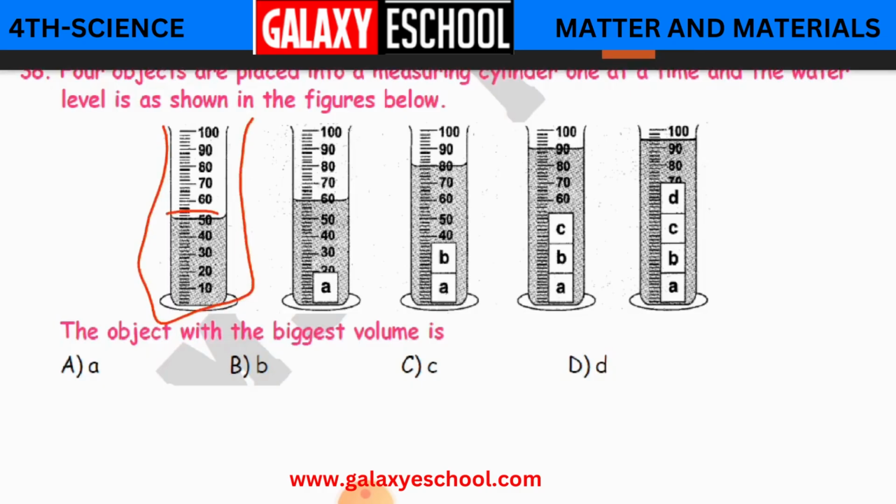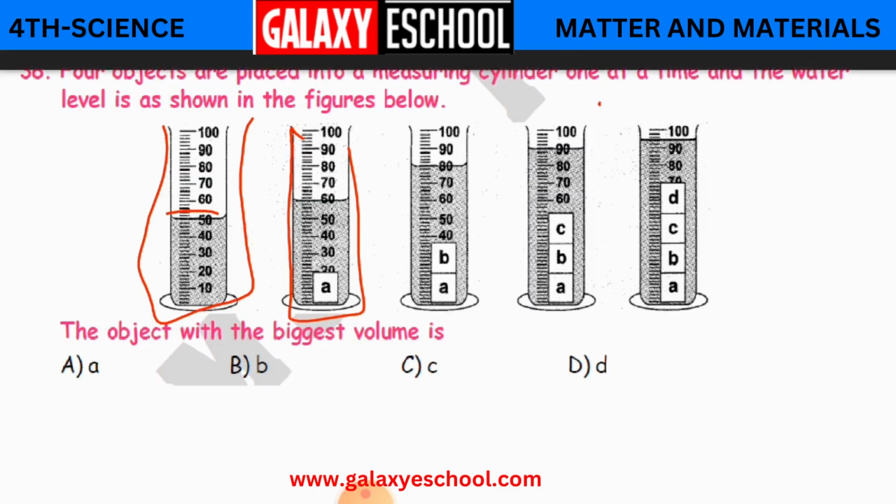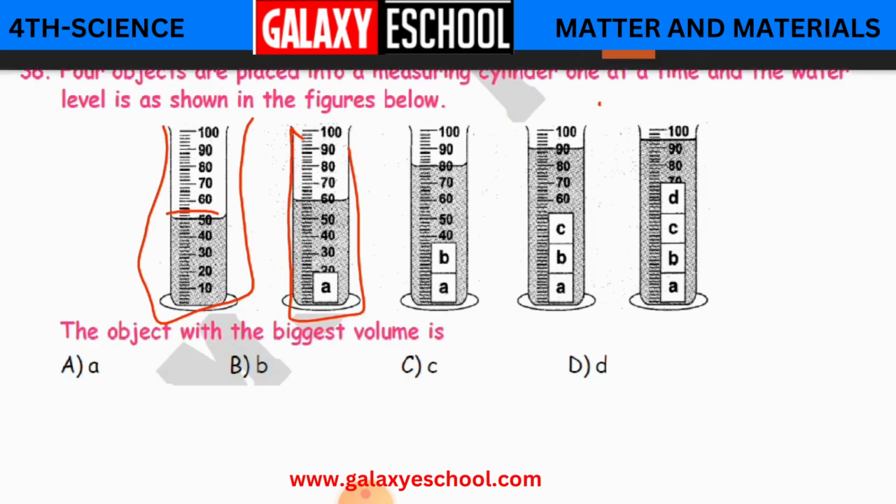Again you dropped one object, again another object, and again another, that is 3 objects in the water now, and at last you have dropped the 4th object. So now what is the difference you are observing?